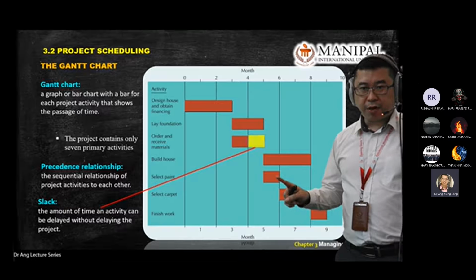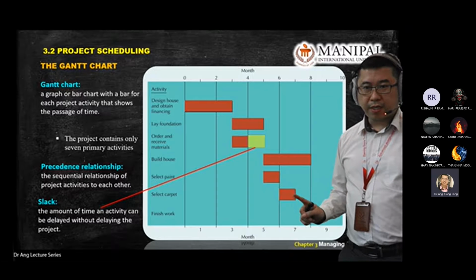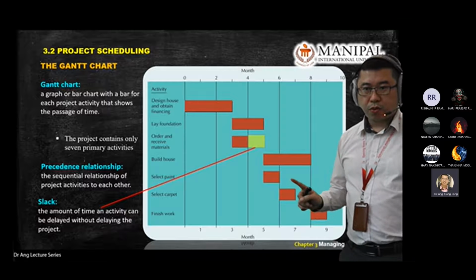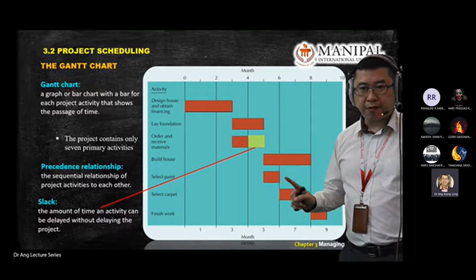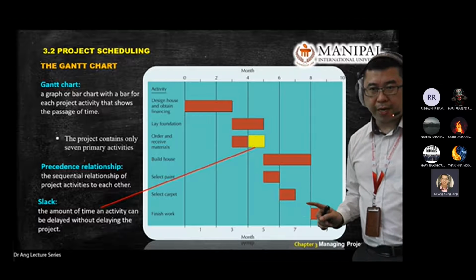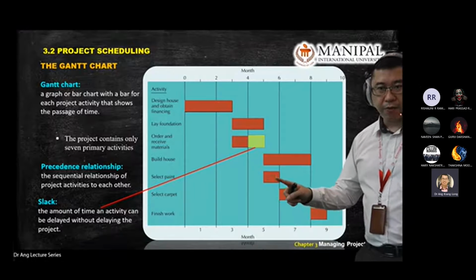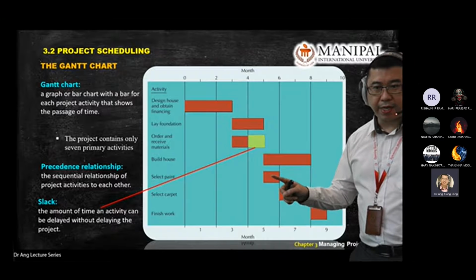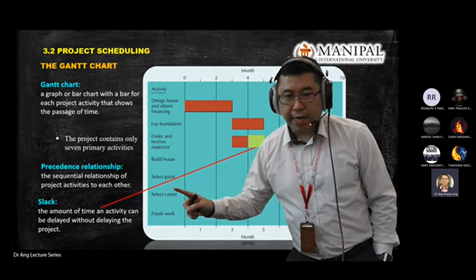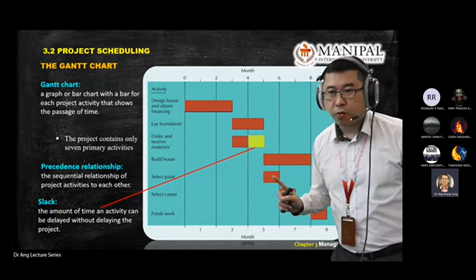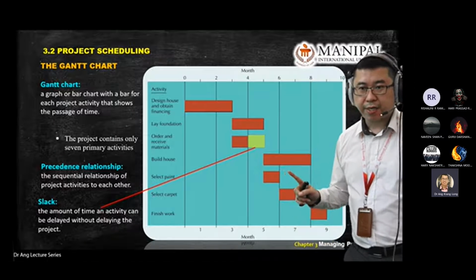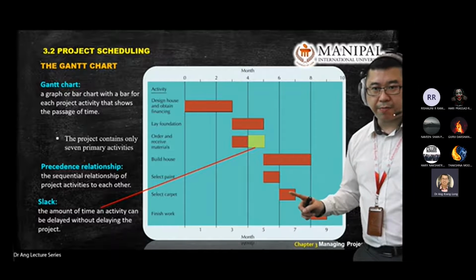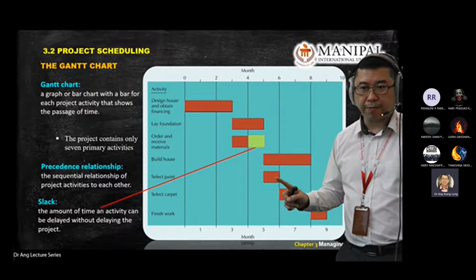if there's a delay of 1 month here, this one will move forward. So these two will only give you 1 month of window to play around, because if you delay this one 1 month, if you select paint in month number 6 here, you push this activity over here, it's going to affect this one, because this one can only start after you complete this one.